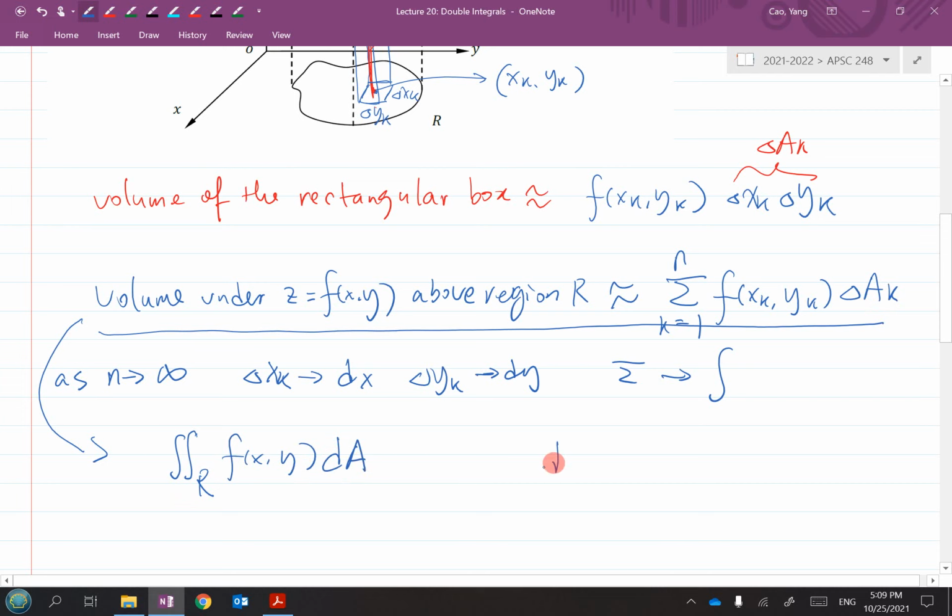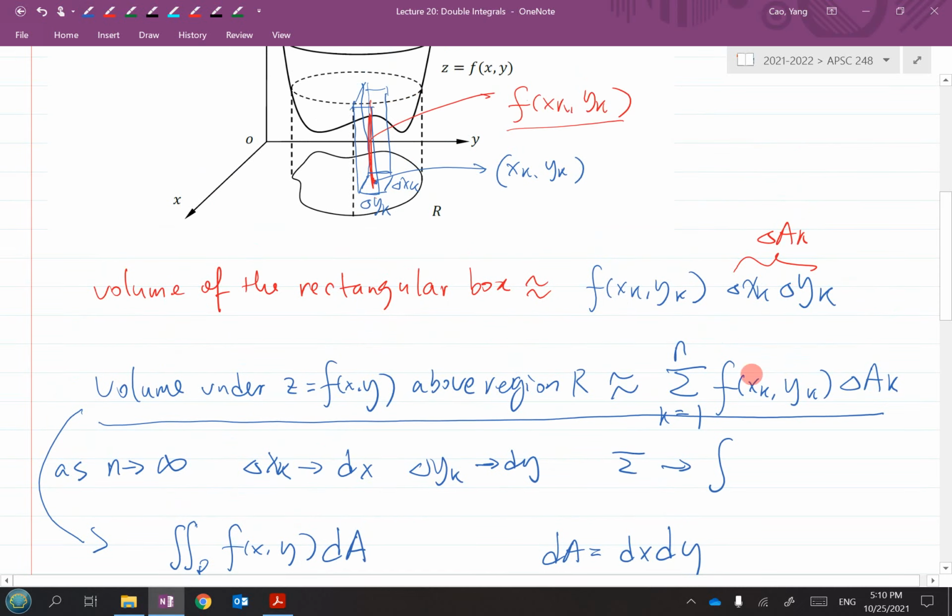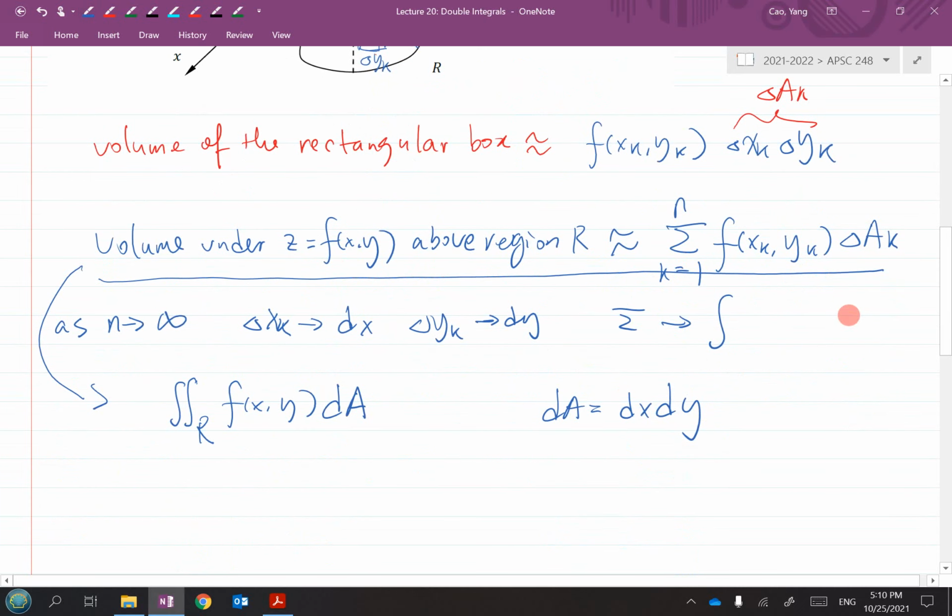So dA is basically equal to dx times dy. And so the question laid out at the beginning, which is the volume underneath the surface above the region R, can be calculated using this formula.